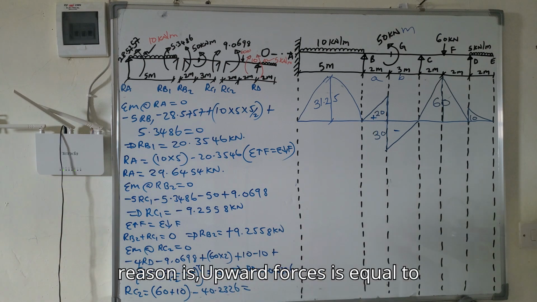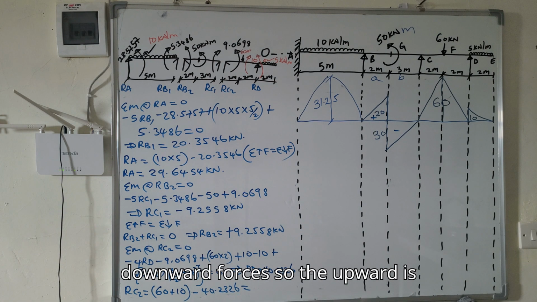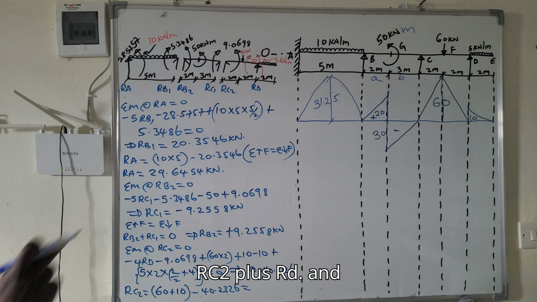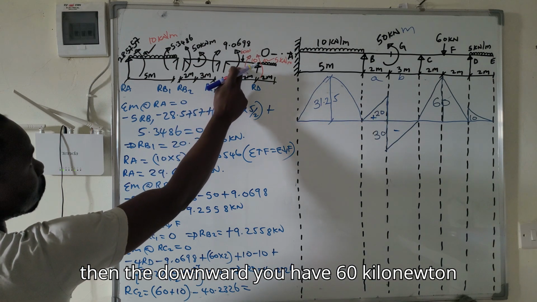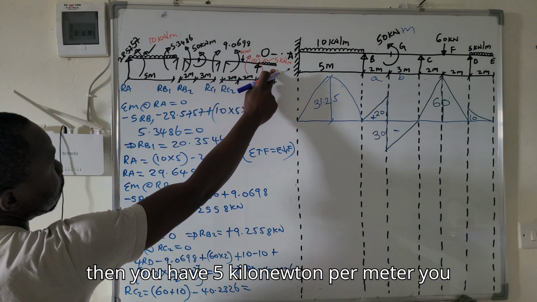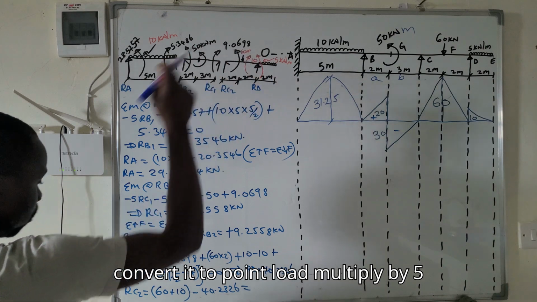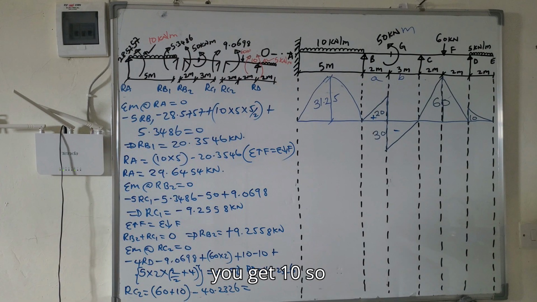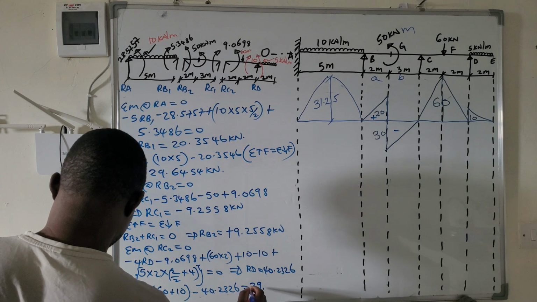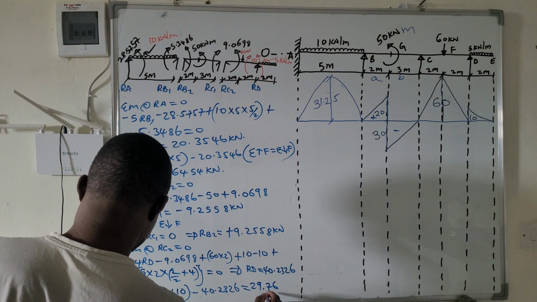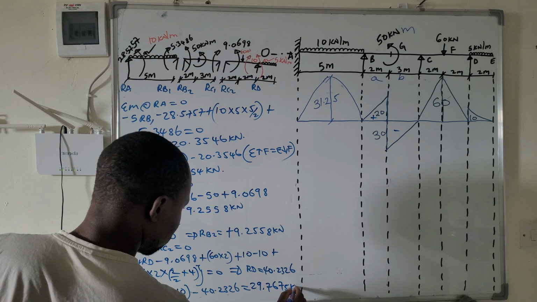The reason is upward forces is equal to downward forces. So the upward is RC2 plus RD, and then the downward you have 60 kilonewton and then you have 5 kilonewton per meter. You convert it to a point load, multiply by 5, you get 10. So RC2 is 29.7675 kilonewton.